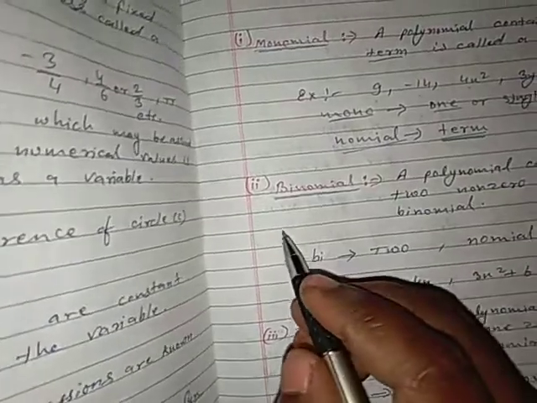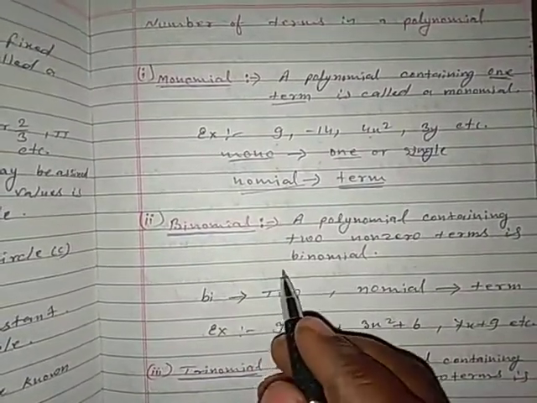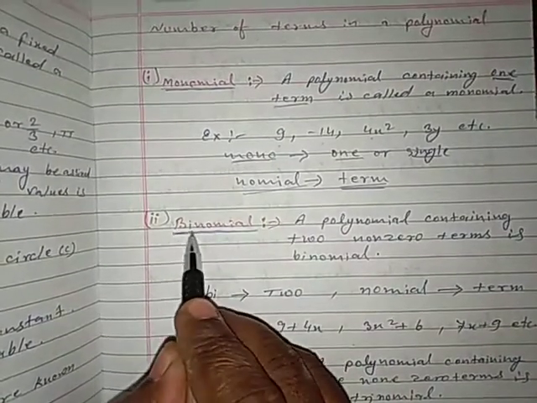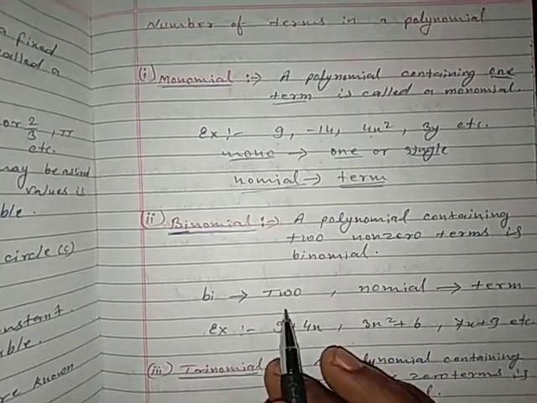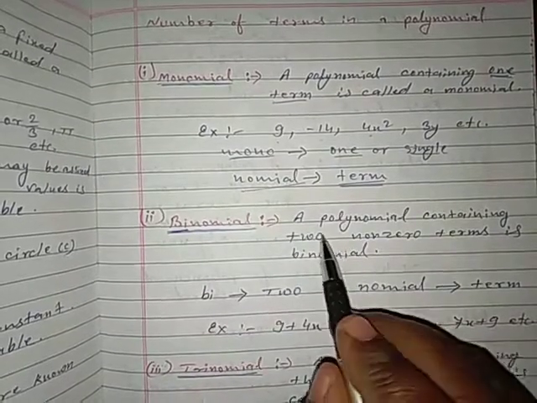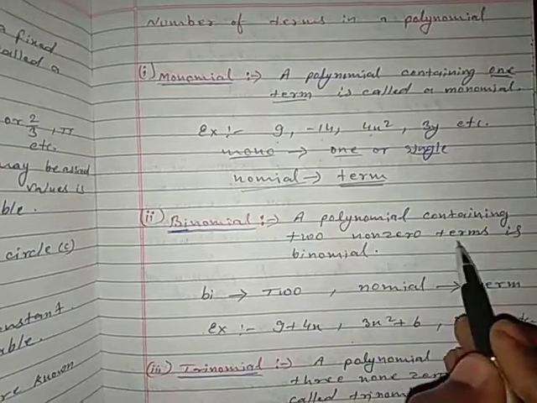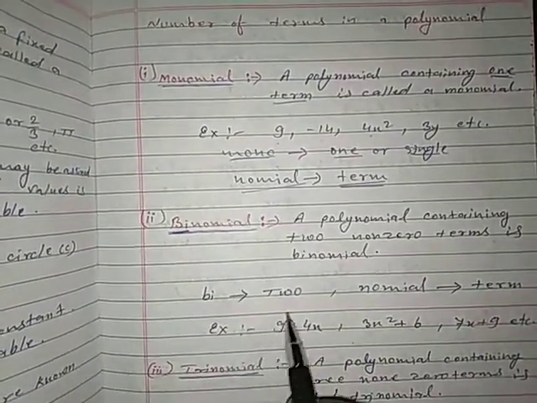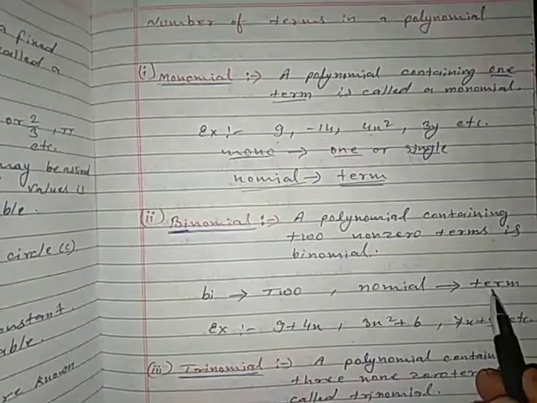Next, binomial. Bi means two, nomial means term. A polynomial containing two non-zero terms is called a binomial.